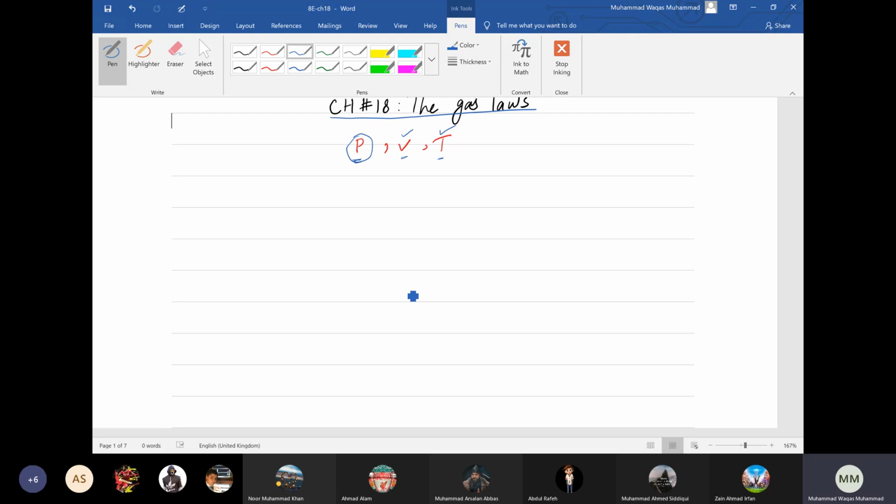They collide with each other and with the walls of the container. Right? So now, how do gases exert pressure? It's very important to understand.